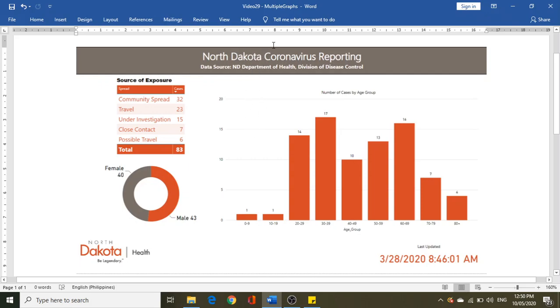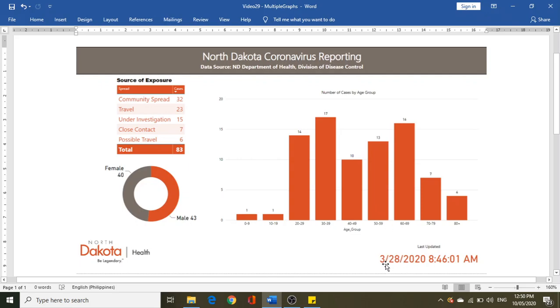In fact, the northern border of North Dakota is actually Canada already. What you have here are figures from March 28, 2020. So this must have been taken during the early stages of the coronavirus pandemic and how it affected that particular state.